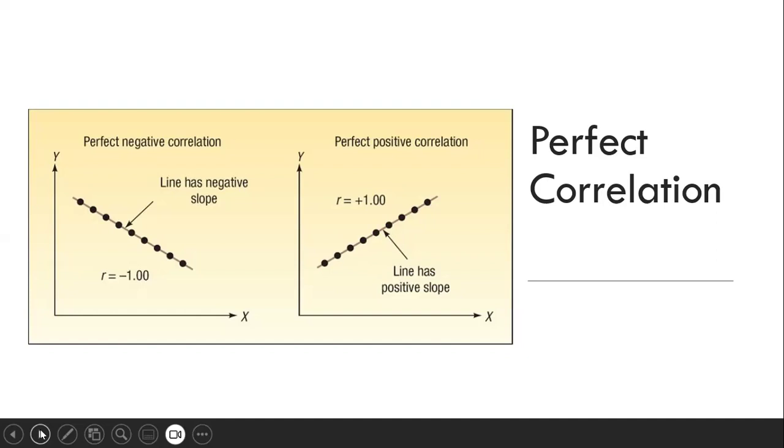That means as the y variable increases, the x dips in the exact same amount, while the one on the right is with a positive correlation. That means as the y increases, the x moves in exactly the same amount and vice versa, right? So both these relationships are perfect correlations.